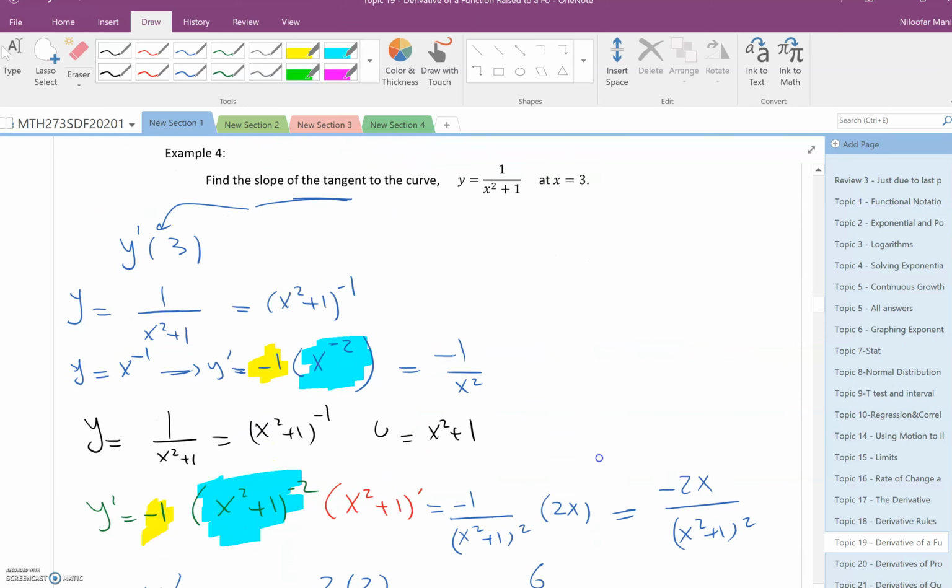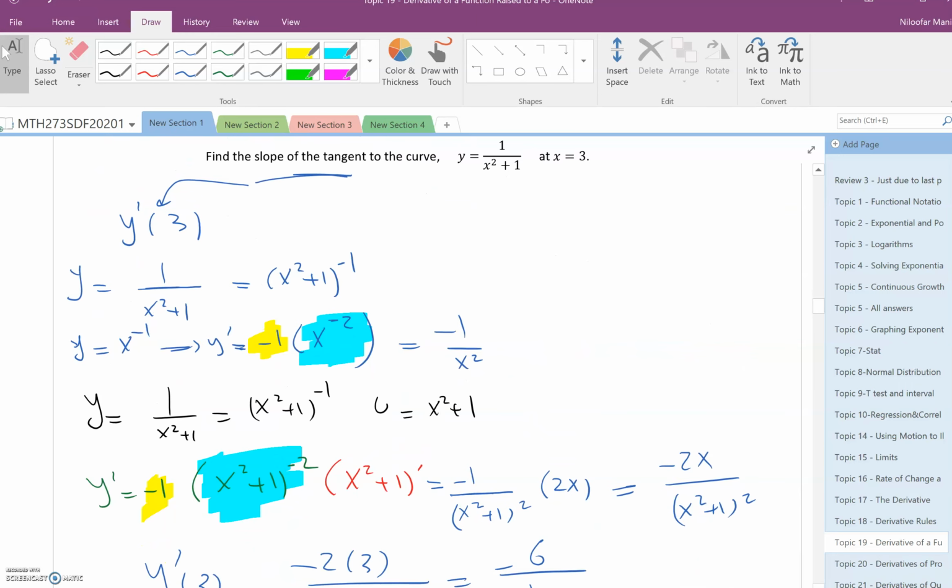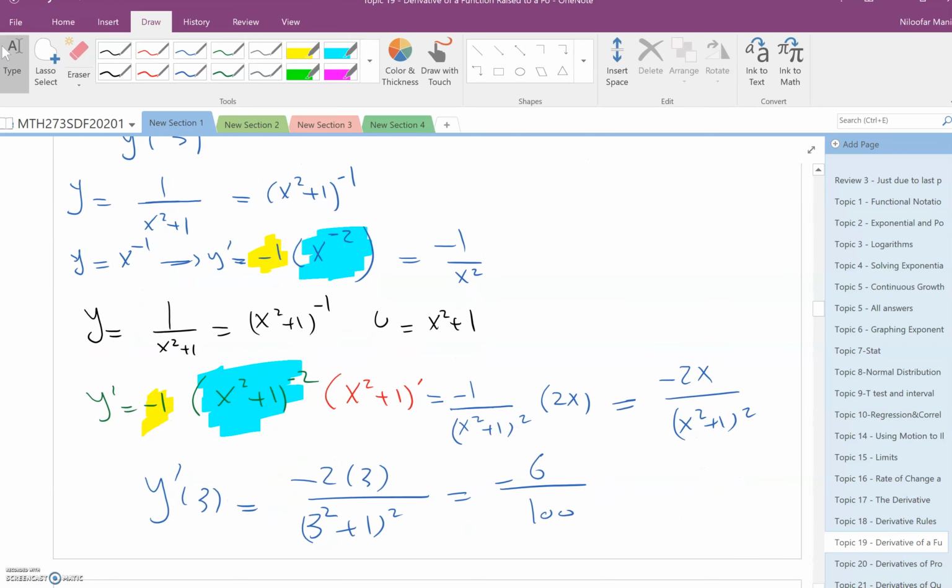Okay? See, it says a slope of tangent line. A slope of tangent line is the first derivative. At which point? 3. So I have to find the first derivative and put 3 there. For the first derivative, I don't have x to the power minus 1, I don't have 1 over x. I have 1 over something else. So I say it is x squared plus 1 to the power minus 1. This is my u.